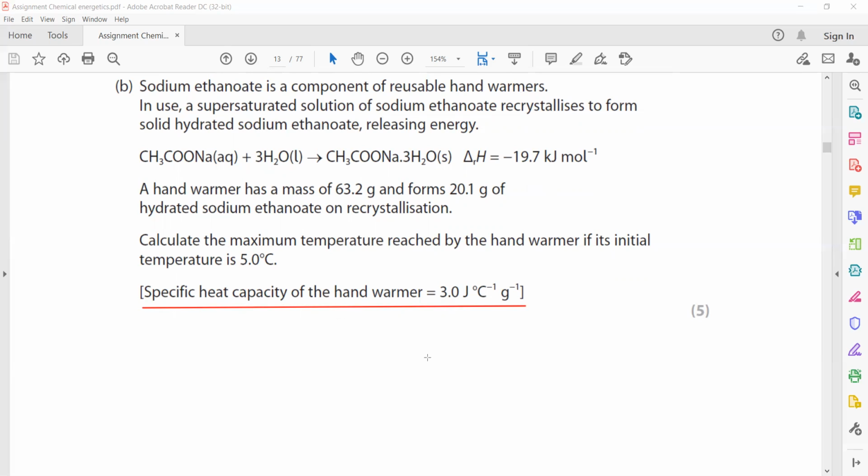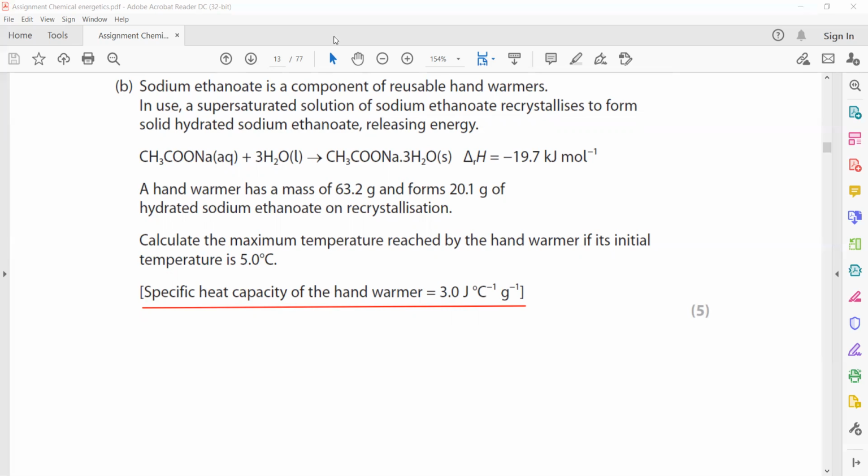So first, we will calculate the molar mass of hydrated sodium ethanoate, and from the molar mass we'll calculate the moles of hydrated sodium ethanoate, and from moles, we have the formula E equals Cm delta T. We can work out how much energy is released.